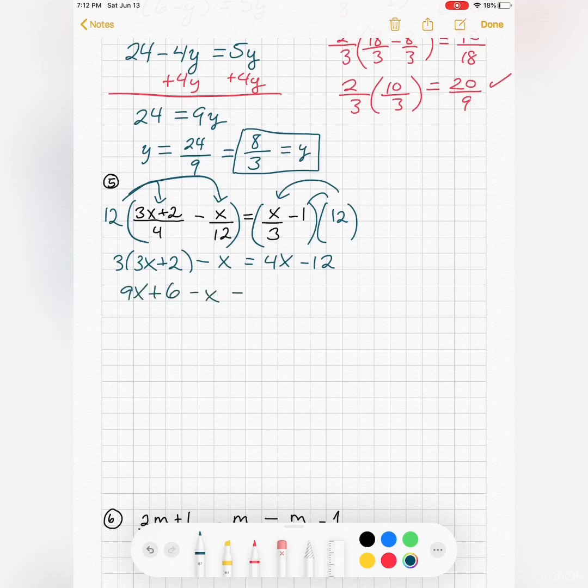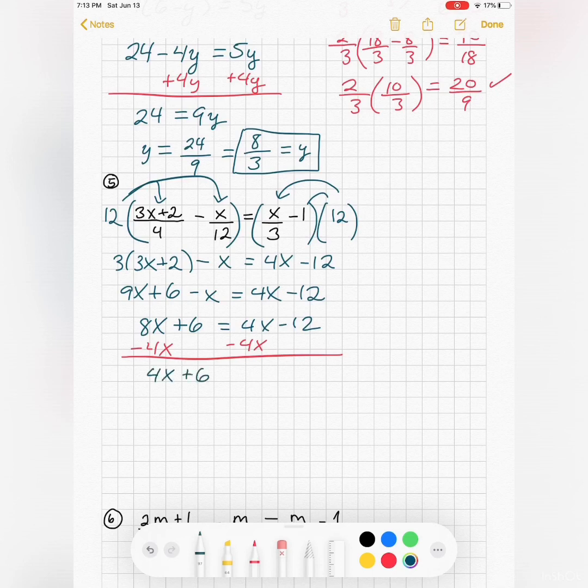Distribute. Combine like terms. And divide.